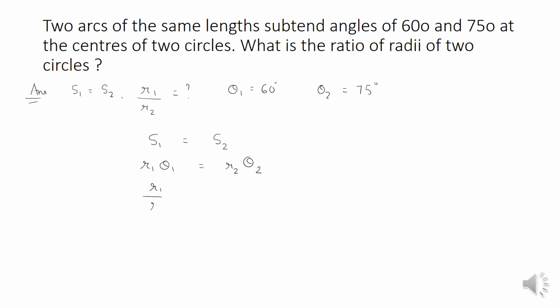So R1 upon R2 comes out to be theta 2 upon theta 1, correct? Therefore, ratio comes out to be 5:4. Here they have not mentioned what ratio, so you can write R1 upon R2 also, or you can find R2 upon R1 also. Understood?